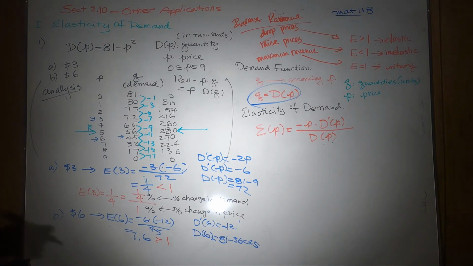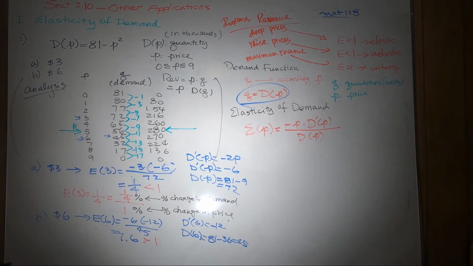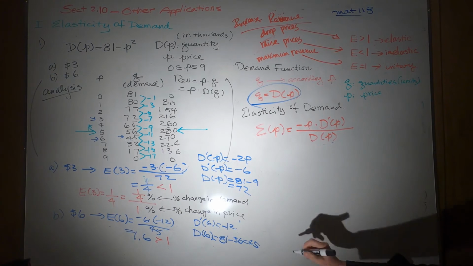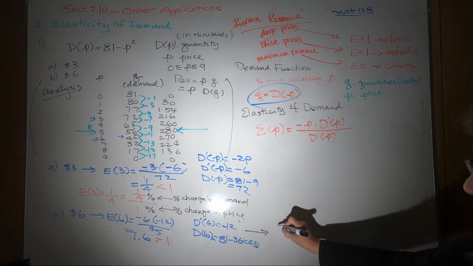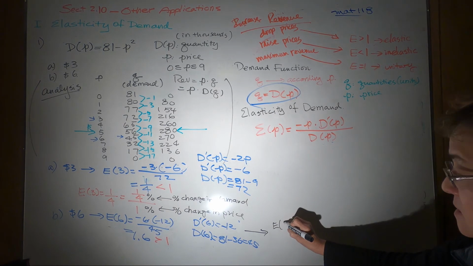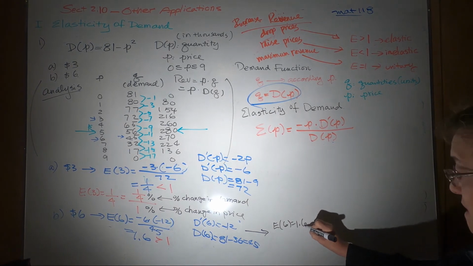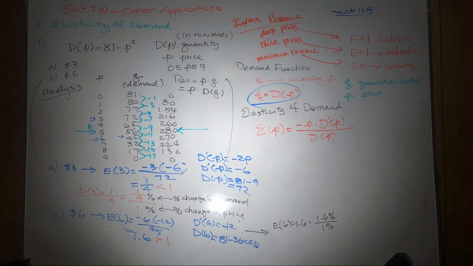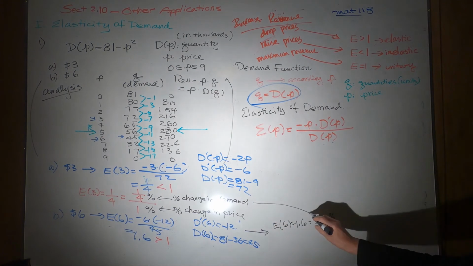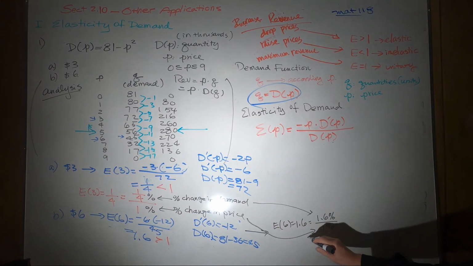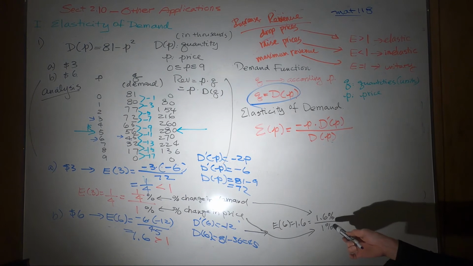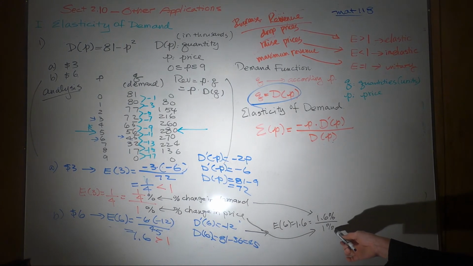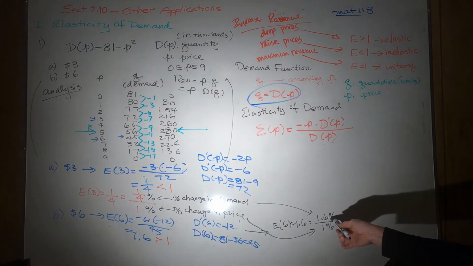So if you look at this, okay, so if you look at this number, would be what? E6 would be what? 1.6 means what? 1.6% over 1%. Okay, then this one is the change in demand, this one is the change in price. So when you have a 1% change in price, you will have more demand.